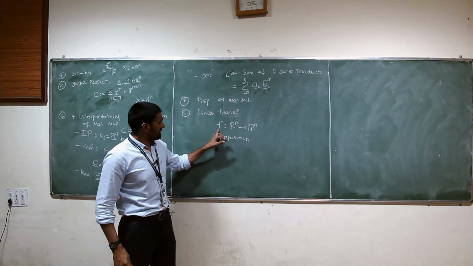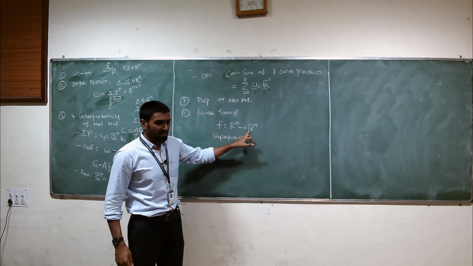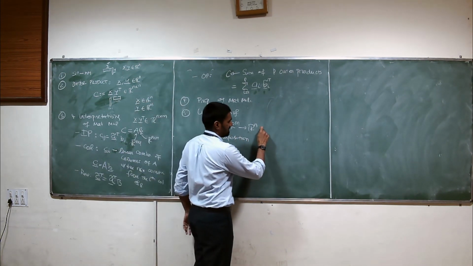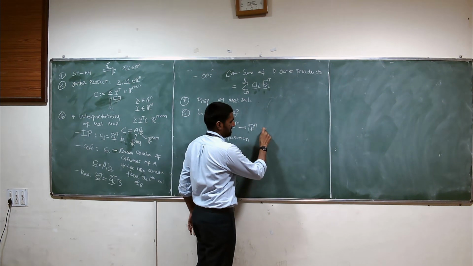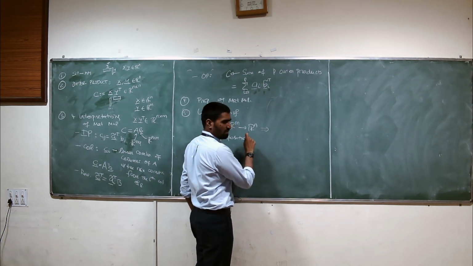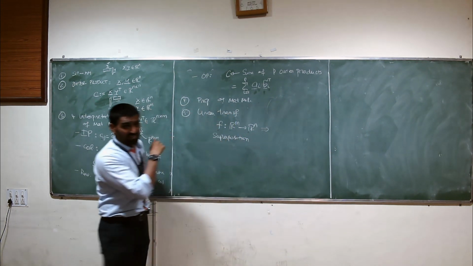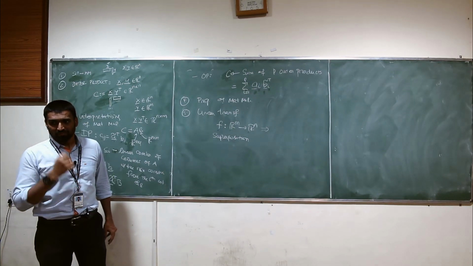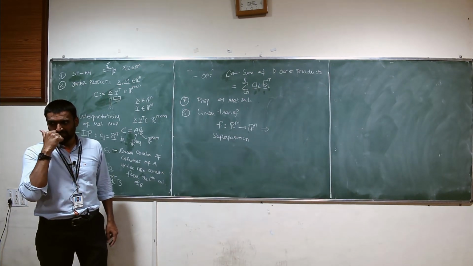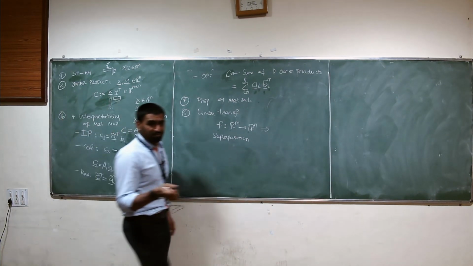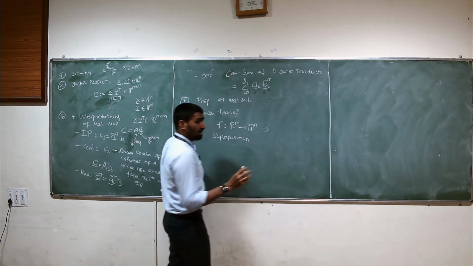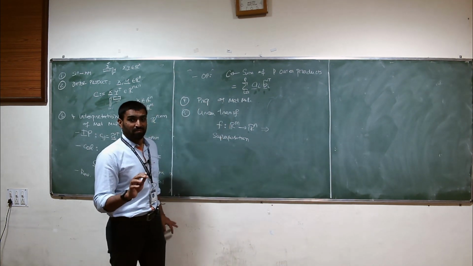What is the connection of linear transformation with matrices? If f is the linear transformation from Rn to Rn, how is it related to the idea of a matrix? What do you mean by n cross n?